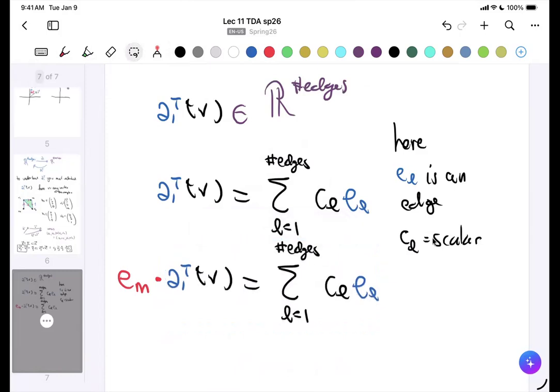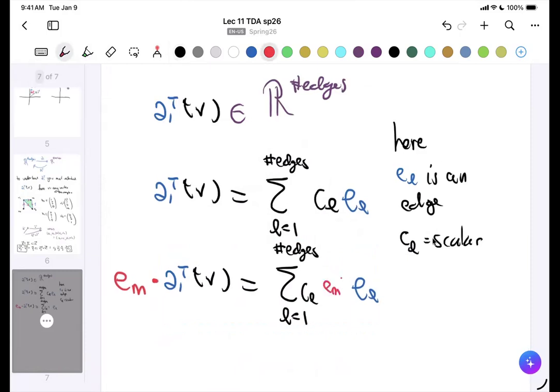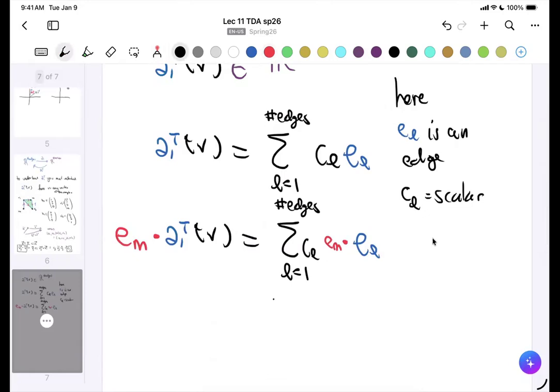So you take a dot product with one of these edges, and that's the same as taking the dot product individually. But again, this is supposed to be an orthonormal family of basis vectors, so all this sum collapses, okay? And that just gives you Cm, the mth coefficient.